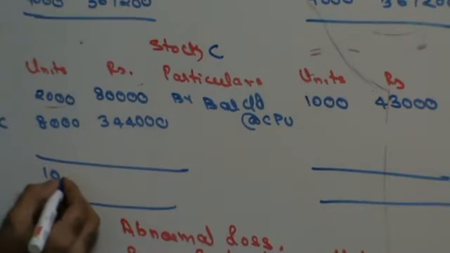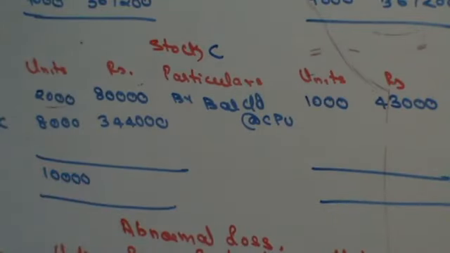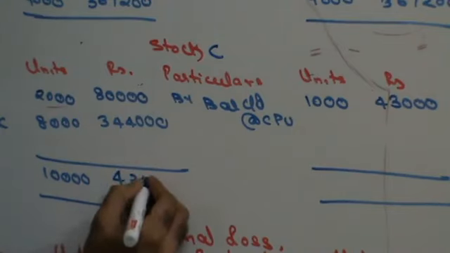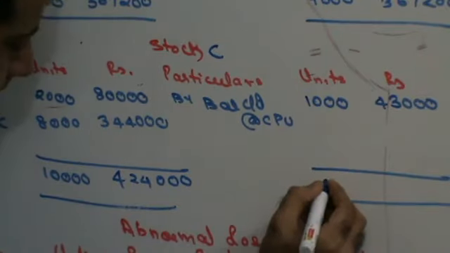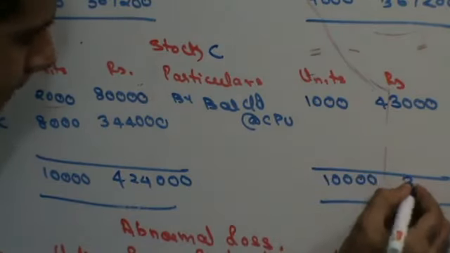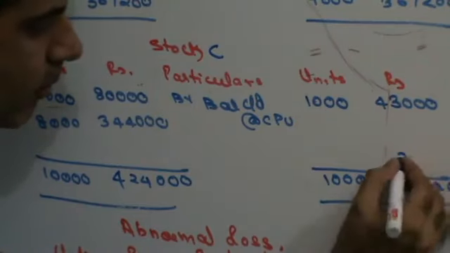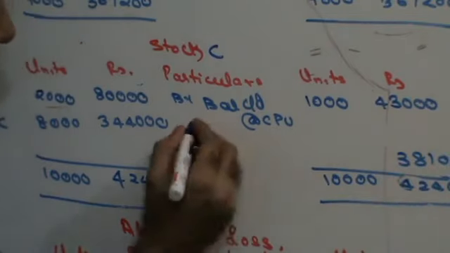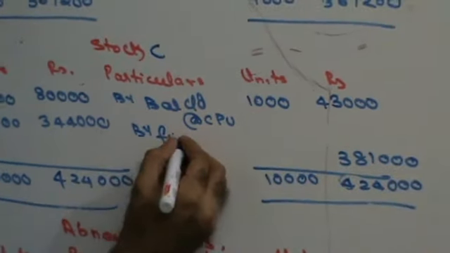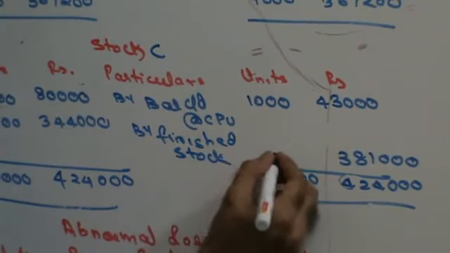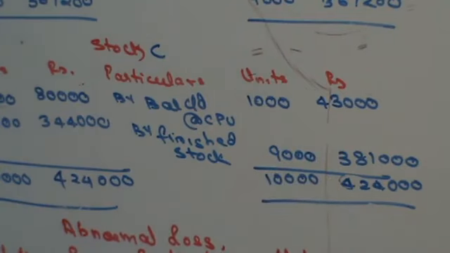So this is going to be 10,000 and this is 3,44,000 plus 80,000, which will give you 4,24,000. 3,81,000. This is going to be by finished goods or finished stock, which is going to be 9,000, right?